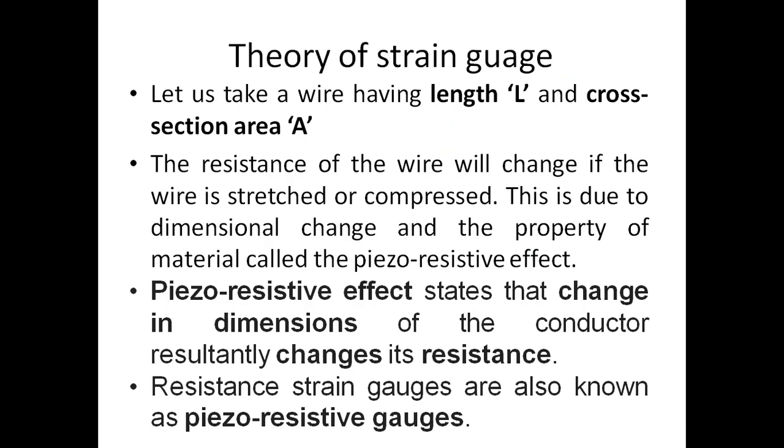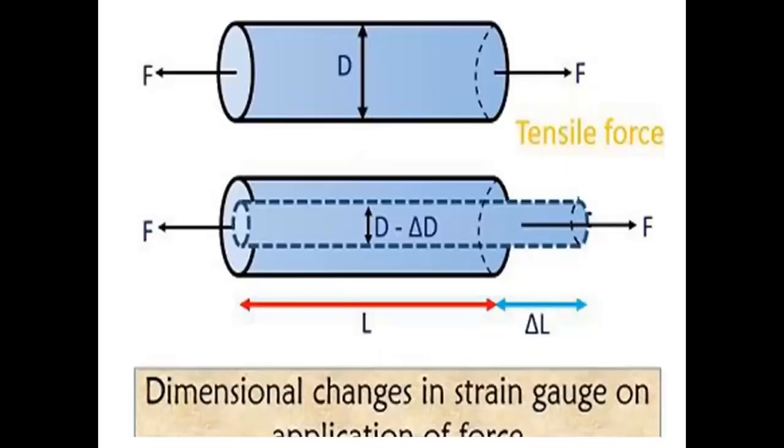Let us take a wire of length L and cross-sectional area A. We consider a strain gauge made up of a circular wire. The wire will have a length L, an area A, and a diameter D before being strained, and the material of the wire has a resistivity rho.